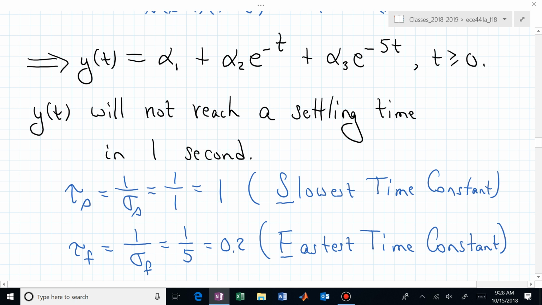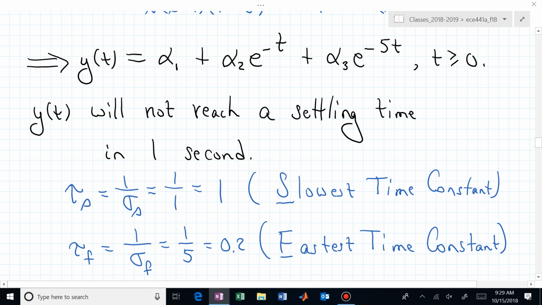That was associated with sigma of the pole at -1. The sigma for that pole at -1 is 1. So we have one time constant of 1. We have another time constant of 200 milliseconds, or 0.2 seconds. That's the fastest time constant.